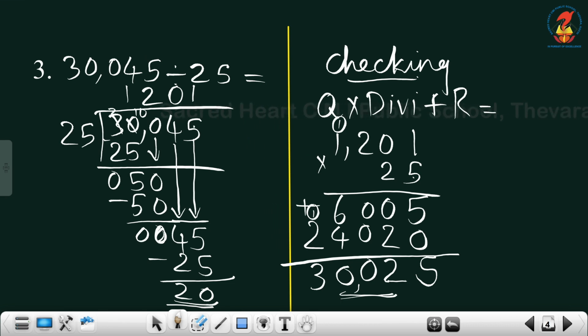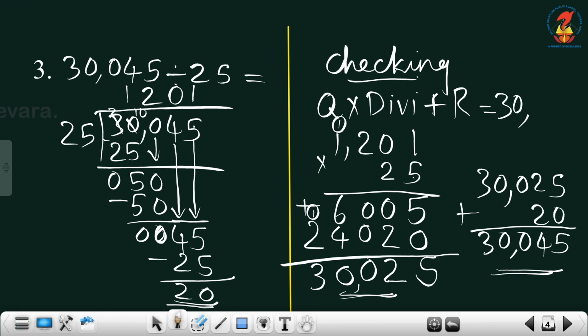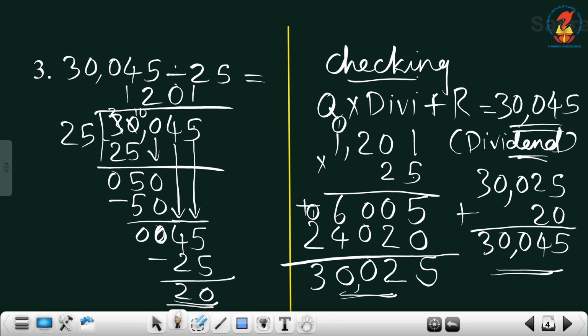And the remainder is what? 30,025 plus remainder, that is 30,045. And the number which I got, 30,045, is what? Dividend. My answer is correct in this division also, right? Is it? Yeah.